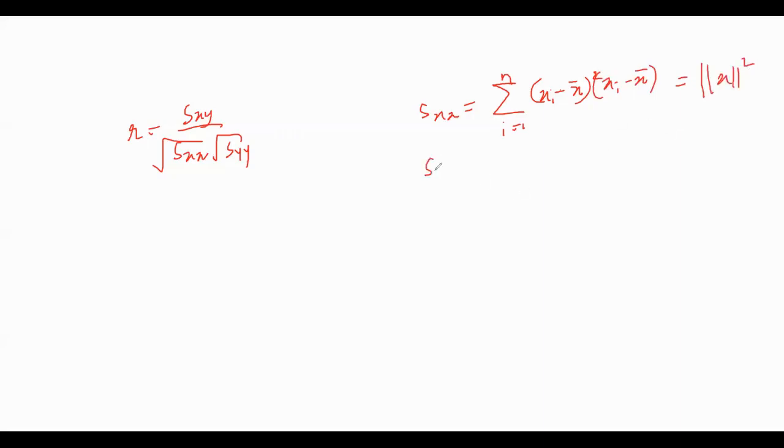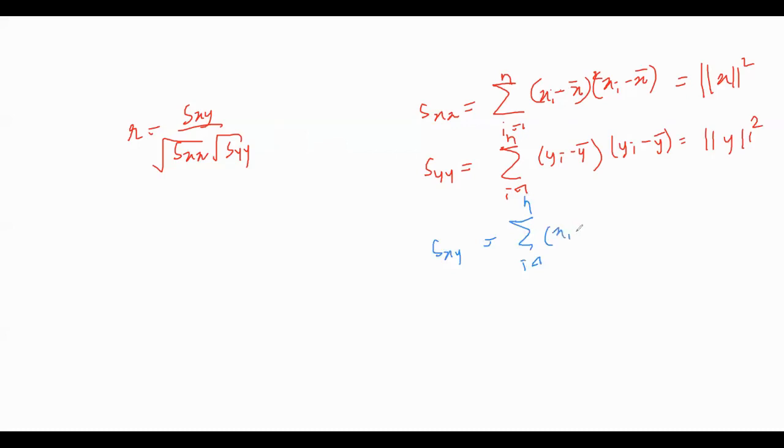And Syy is the summation from 1 to n of yi minus y bar whole square. Not standardized, but with respect to the mean. And what is Sxy? It's the summation from 1 to n of xi minus x bar times yi minus y bar. So it's actually a dot product of x dot y.